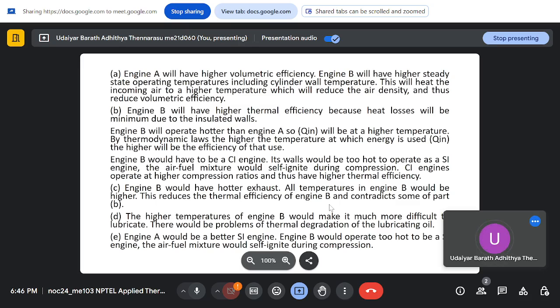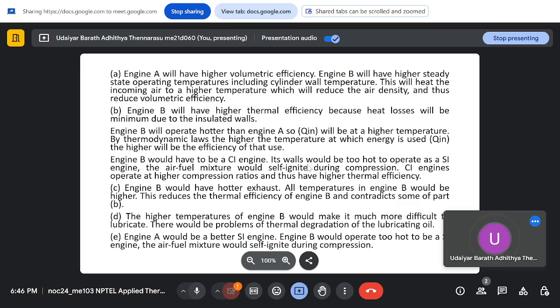It will be black because of the thermal degradation happening to the oil. The oil is a long chain molecule, so it cracks and carbon particles are formed. This creates problems, which you don't want. This can be a problem in engine B because it is operating at higher temperature.